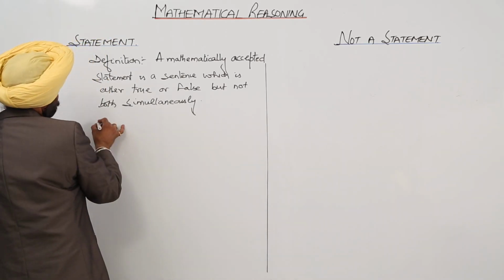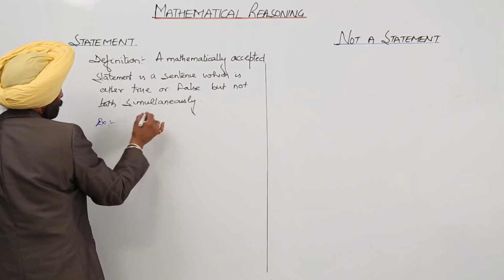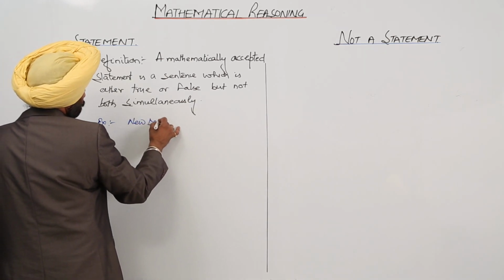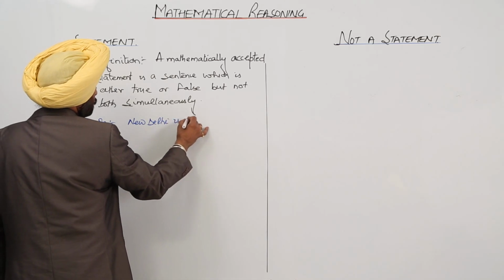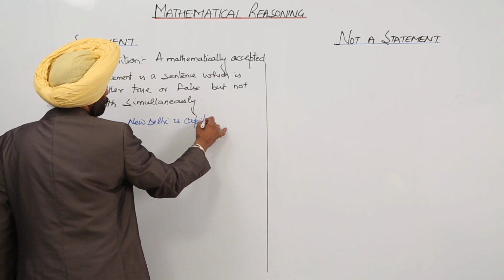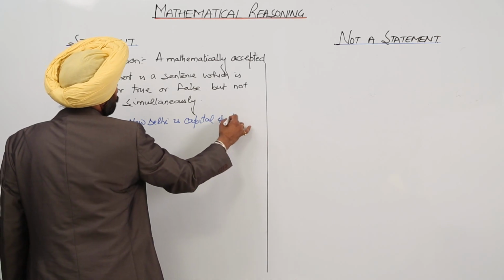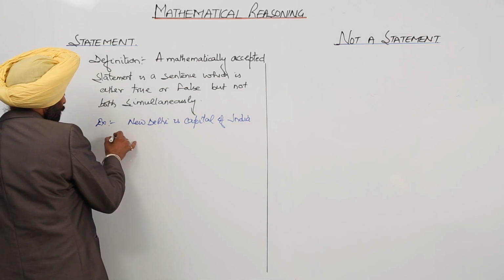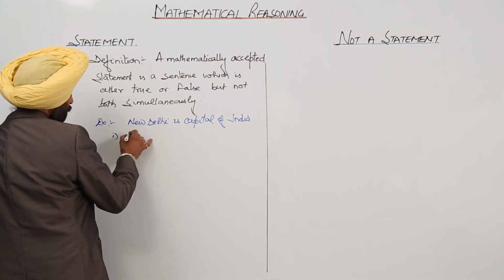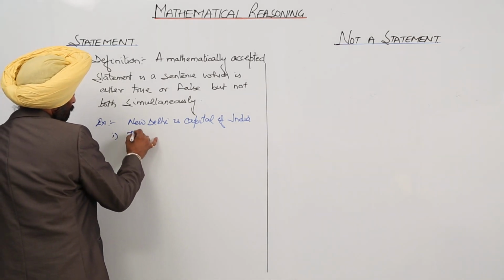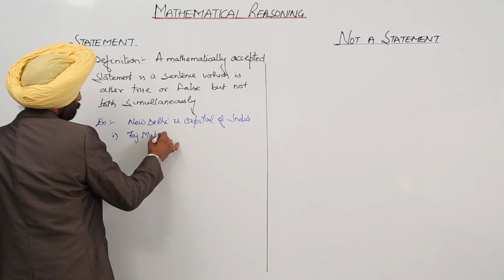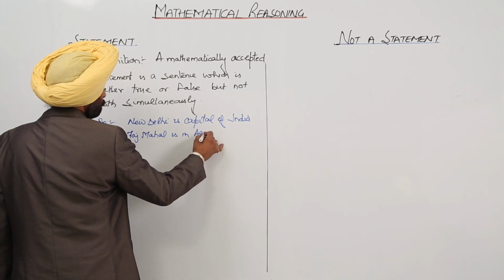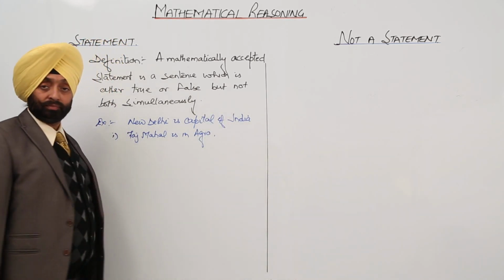Now what examples did I give you? The example I gave you: New Delhi is the capital of India. The next example can be Taj Mahal is in Agra and Agra is in India.